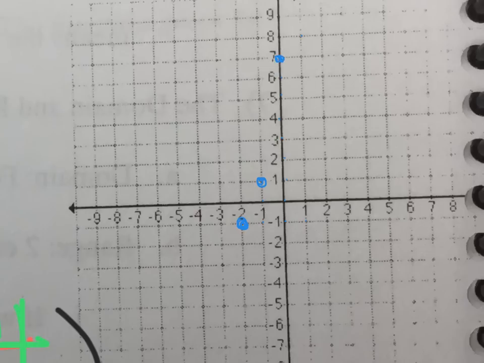Remember, from the vertex. So there's one side. And if you remember, the parabola has this magical green thing called the axis of symmetry. So if you have a point on one side, you have a point on the other. So now I can try to draw my parabola. Again, I'm not an artist, so not the best. But there is my parabola.